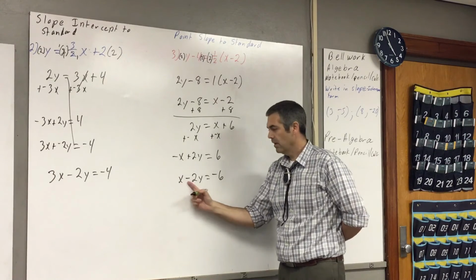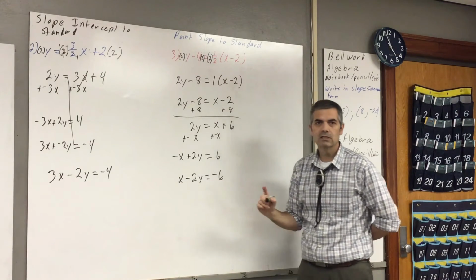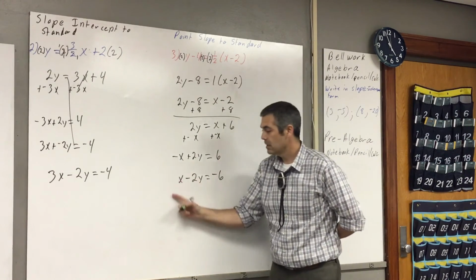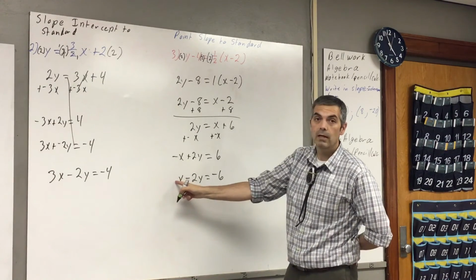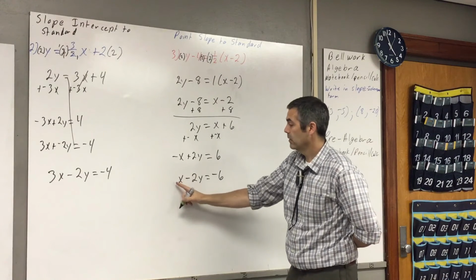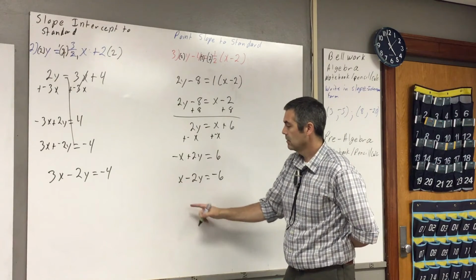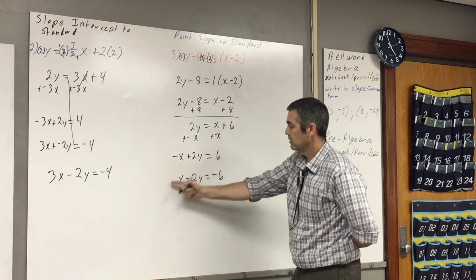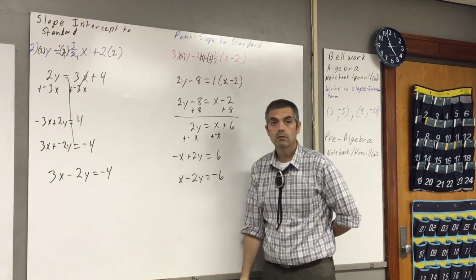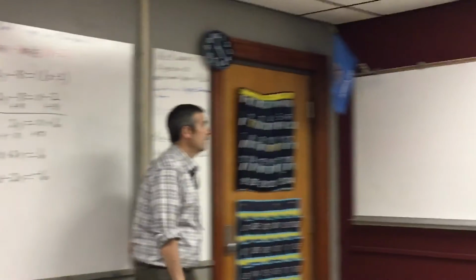That turned positive. Every other term changed its sign. That's in standard form. Now, ax, a is 1, by the way. In front of that is a 1. So ax plus by equals c. We're in standard form. And we're reduced. So watch that. Make sure you have that.